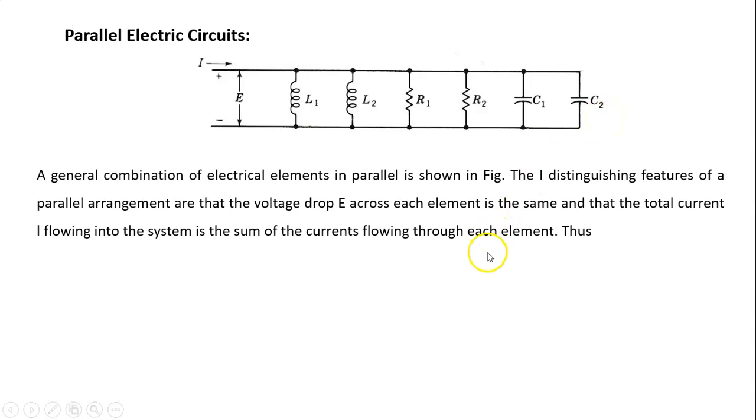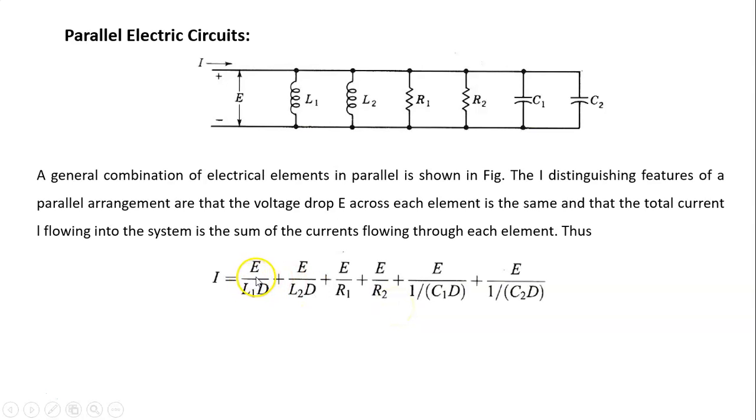Therefore, you can write that total current I flowing into the system is the sum of the currents flowing through each element. Here the current flowing through each element is different, but voltage drop E remains the same.